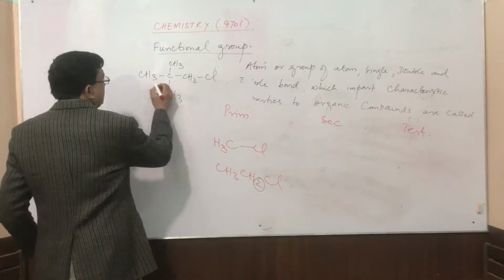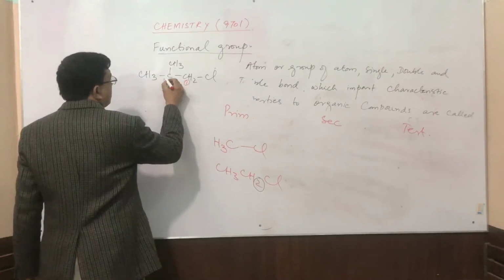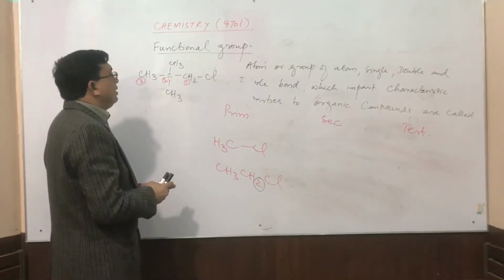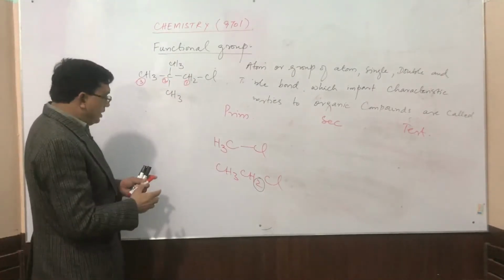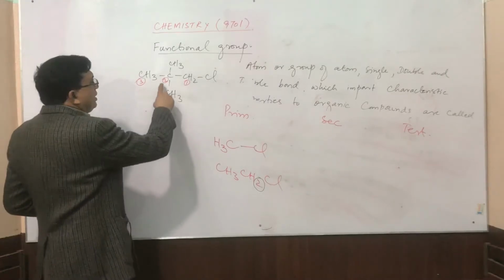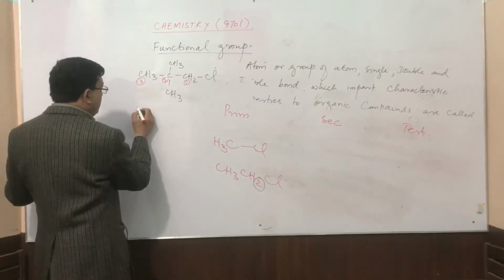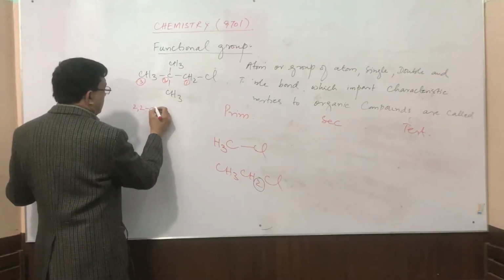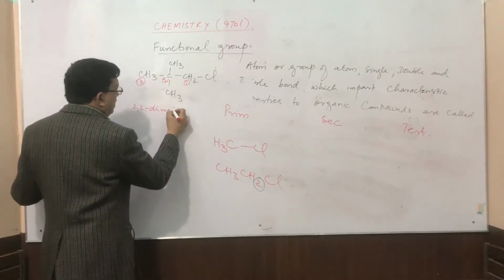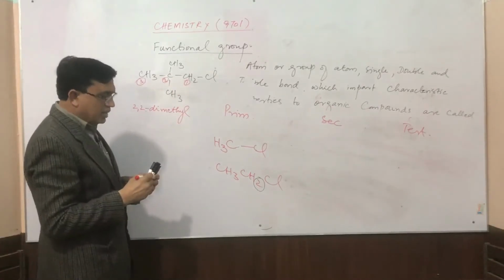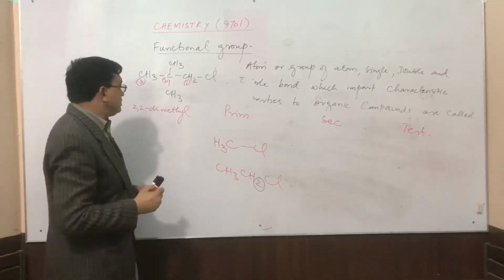Now name of this organic compound will be just like this. If I say this is my number 1, this is second, and this is my third carbon atom, how I will mention the name? The name will be 2,2-dimethyl because the same second number carbon atom containing 2 methyl groups as a substituent.